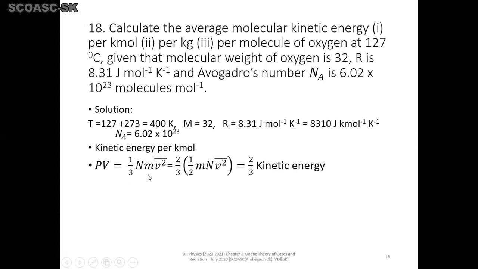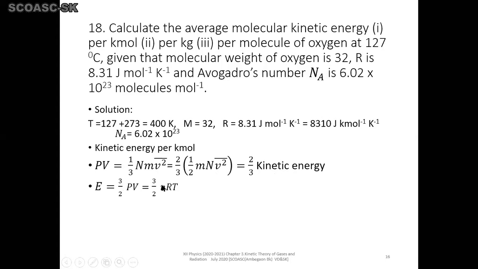Just now we wrote down this expression and spoke about it. Now here I'm doing some rearrangement. This is nothing but 2 by 3 kinetic energy, right? Instead of PV, I can substitute nRT. So kinetic energy I can write as 3 by 2 PV or I can write it as 3 by 2 nRT. Now I want kinetic energy per mole.